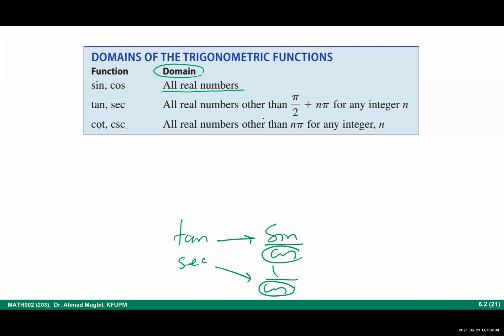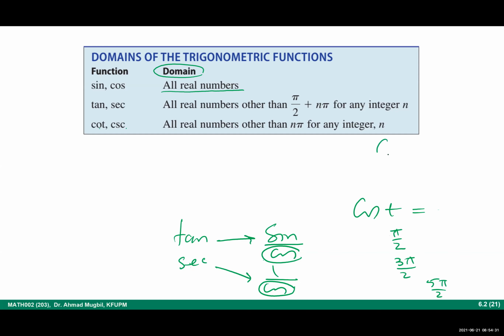When cosine is 0, what angle equals 0? 90 degrees, or 270, or 5 pi over 2. So the odd multiples of pi over 2.